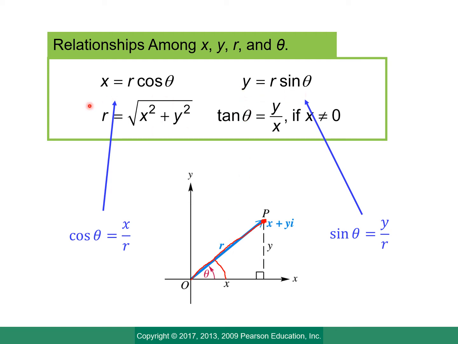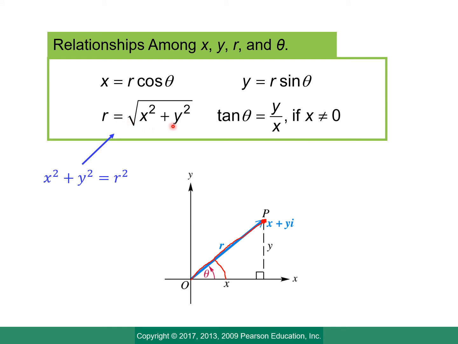And these other two parts of this relationship between x, y, r, and theta: r equals the square root of x squared plus y squared, that's just your Pythagorean theorem. We normally want just r, so we take the square root. This leg squared plus this leg squared gives me the hypotenuse squared, so you just square root this quantity, and that's r.